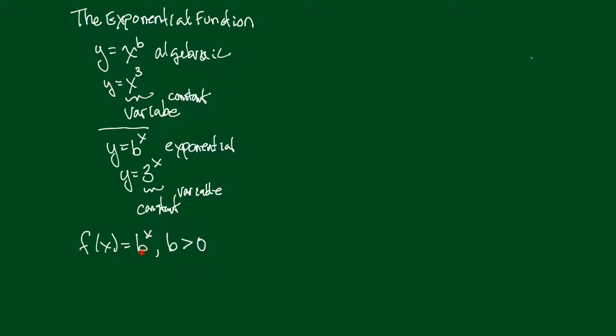This base has to be a positive number, like the 3, but it can't just be any positive number. We have to take one number out, and that's the number 1. I'm going to refer to this function with those restrictions as the basic exponential function. We're going to generalize it really soon.